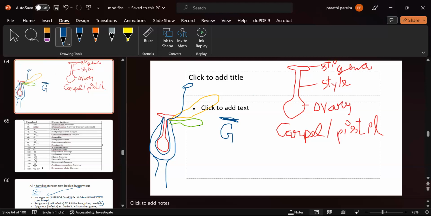So all other whorls are coming above the thalamus. Okay. This is the sepal, petal, and androecium.